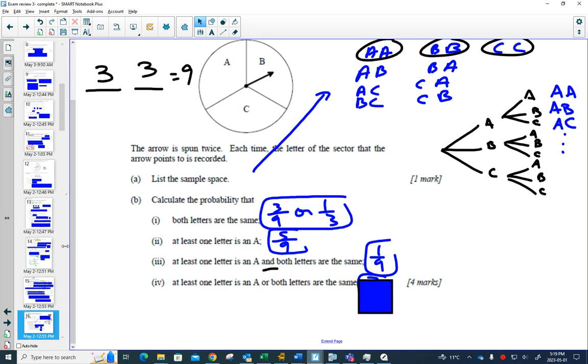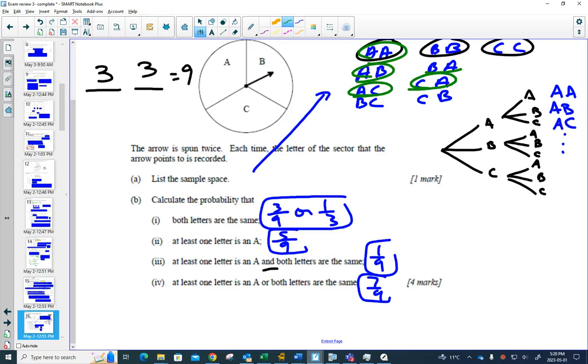At least one letter is A or both letters are the same. The word "or", now you could have either of those situations. So I could have both letters the same, which I've already circled in black. One letter being an A, which I'm going to circle here. Those are those 5. Adding those all up makes 7 out of 9 in total.